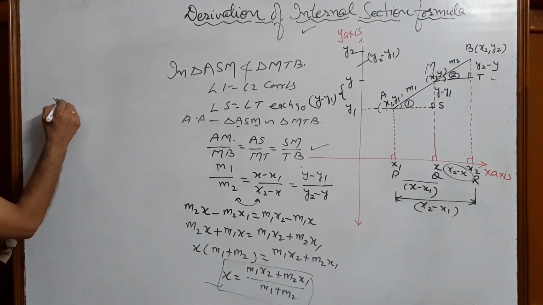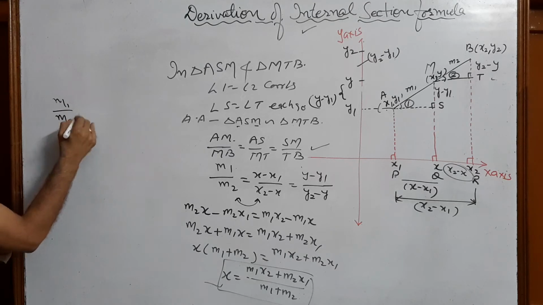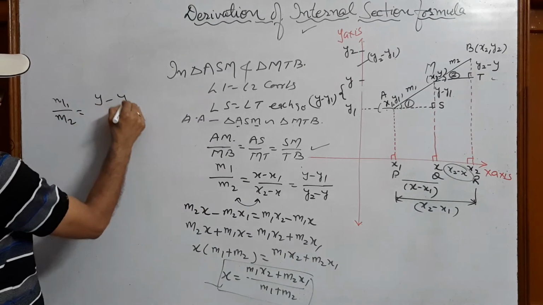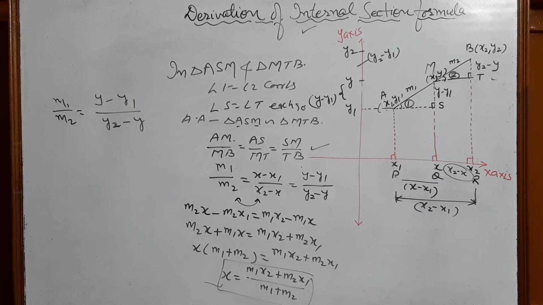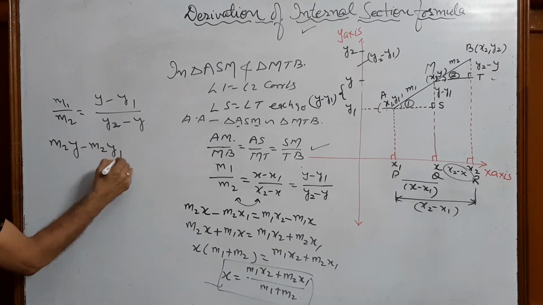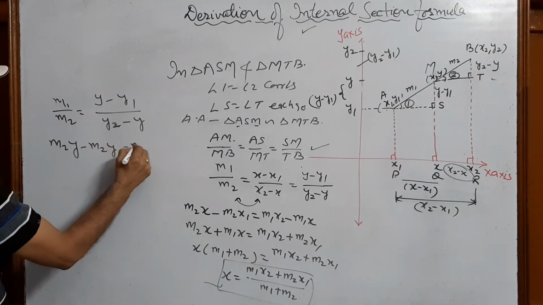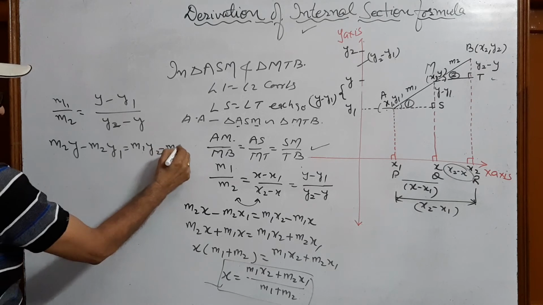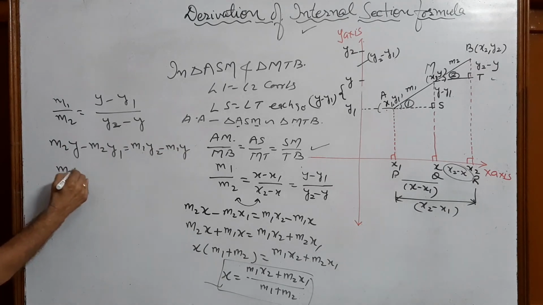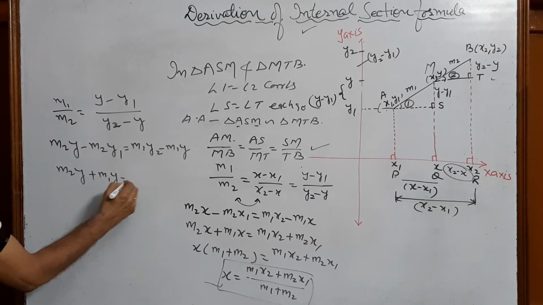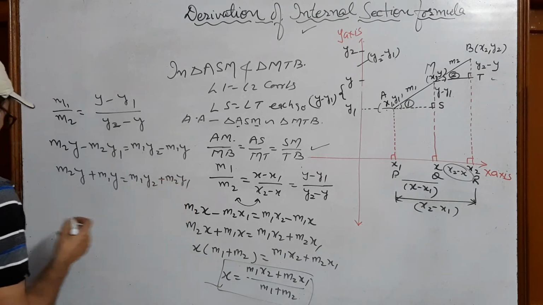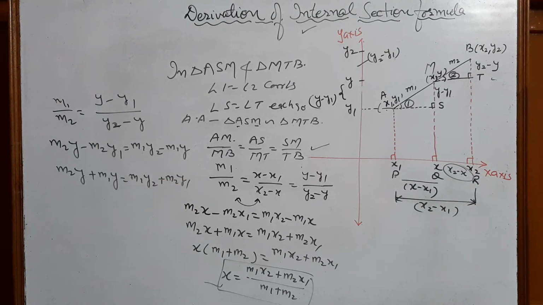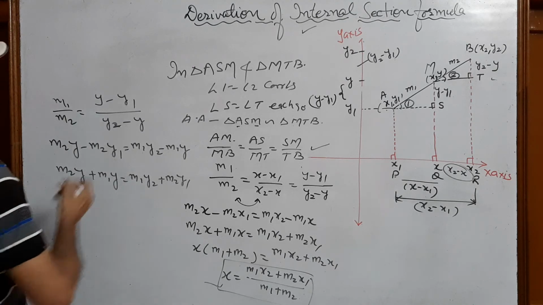So again write here M1 upon M2 equals Y minus Y1 upon Y2 minus Y. Again simply cross multiplication: M2 Y minus M2 Y1, then M1 Y2 minus M1 Y. Then bring to the same side: M2 Y plus M1 Y equals M1 Y2 plus M2 Y1.